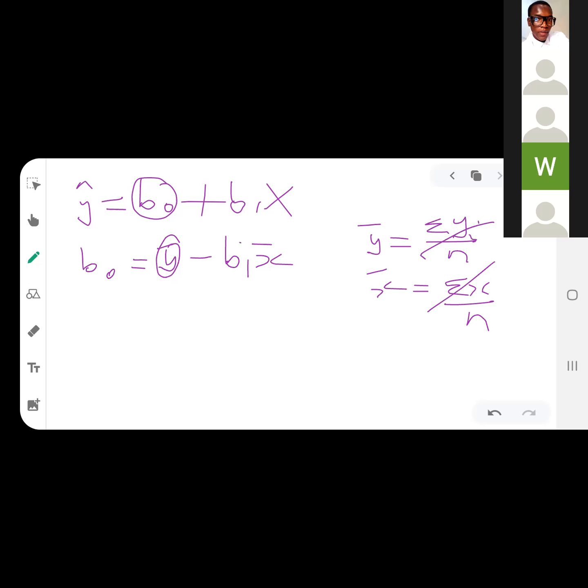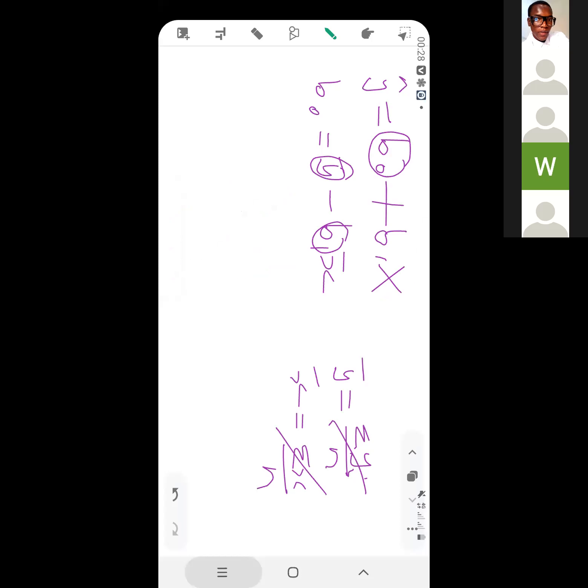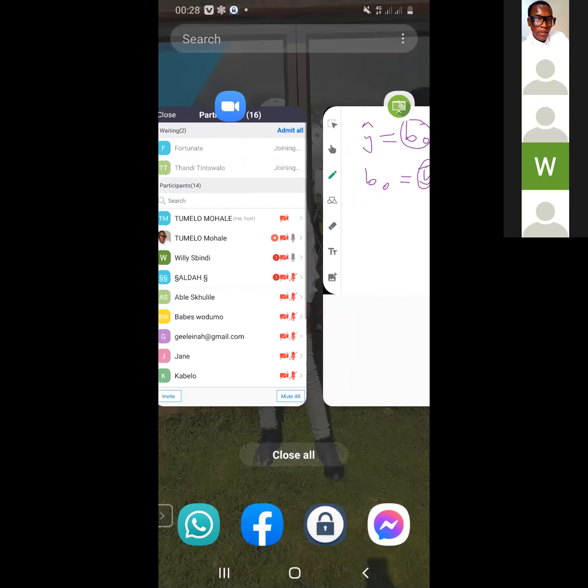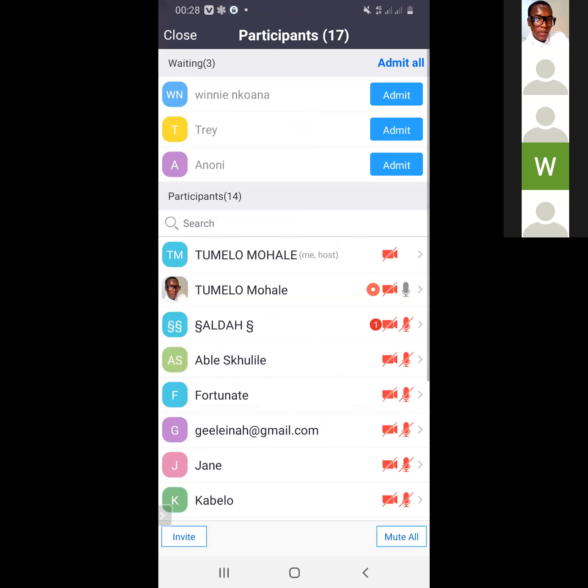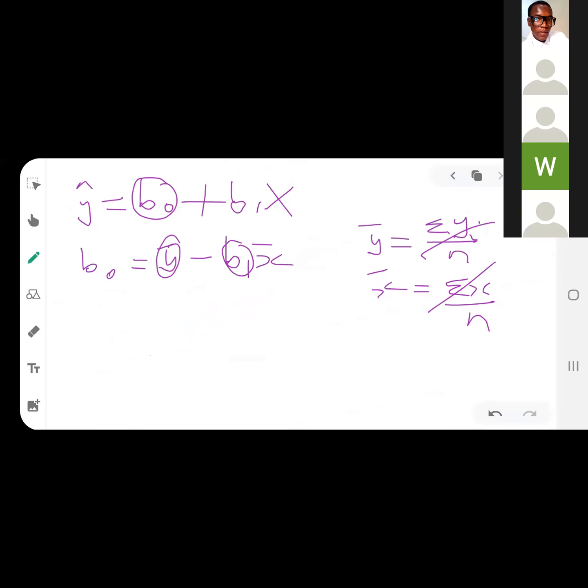So what about the B1? You also need to know the formula for calculating your B1. So B1 is calculated by SSXY over SSXX. Make sure you are writing this formula down.